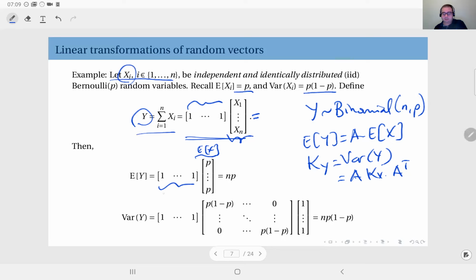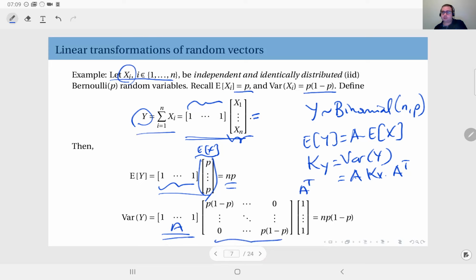Essentially, this matrix product is the summation of all components in this column vector, which gives you n times p, as expected, which is the mean of a binomial n, p random variable. Similarly, with this covariance, you get A here, A transpose here, and this is the covariance matrix.